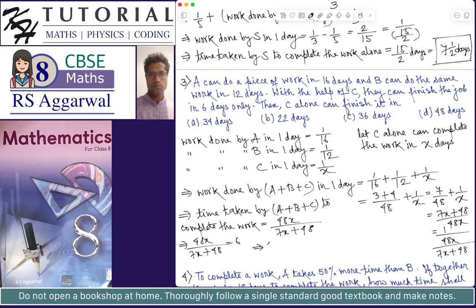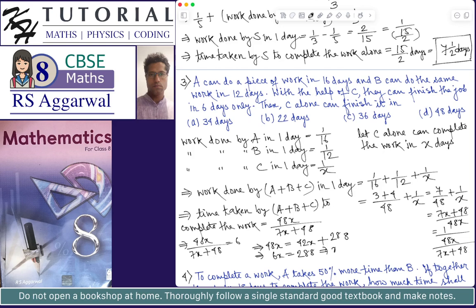We can easily solve for x. Doing cross multiplication, 48x is equal to 42x plus 48 into 6, which is 288. If we bring all the x terms to the left hand side, 48x minus 42x is 6x, which is equal to 288.